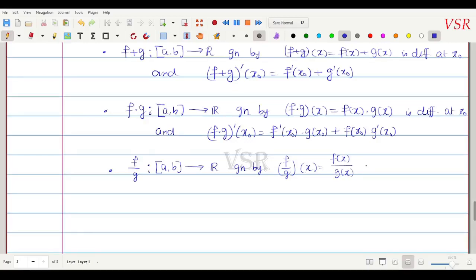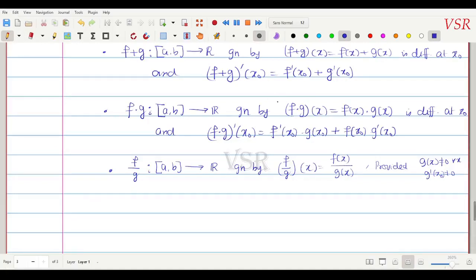Note that provided g of x, g dash of x எல்லாம் என்னவா இருக்க கூடாது, not equal to 0. Okay, g of x not equal to 0 for every x and g dash at x which is also not equal to 0. Okay, g dash at least x naught வச்சுட்டா போதும். Of course இதை மட்டும் சொன்னாலே போதும், we'll have this fellow.